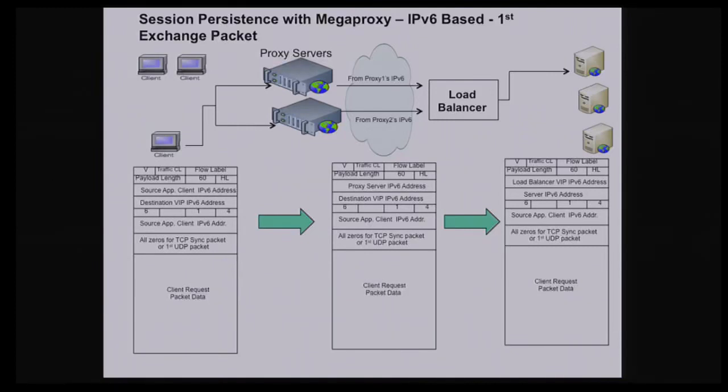Could be a forward proxy or a transparent proxy. When the load balancer gets this packet, it's going to look at the source IPv6 address, not the source IPv6 address of the IPv6 packet, but the IPv6 address in that destination header.